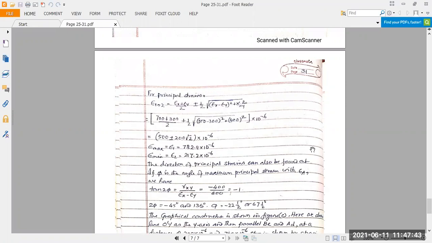So this becomes equal to 700 plus 300 divided by 2 plus minus half square root of 700 minus 300 whole square plus 400 whole square, multiplied by 10 to the power minus 6, which is a common term for all of them. Thus it becomes 500 plus minus 200 into square root of 2.